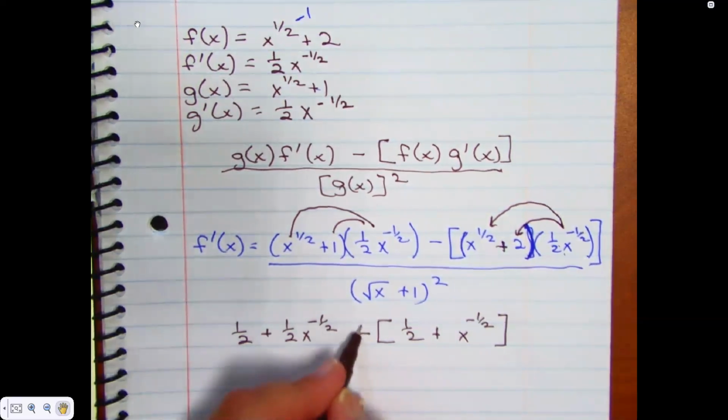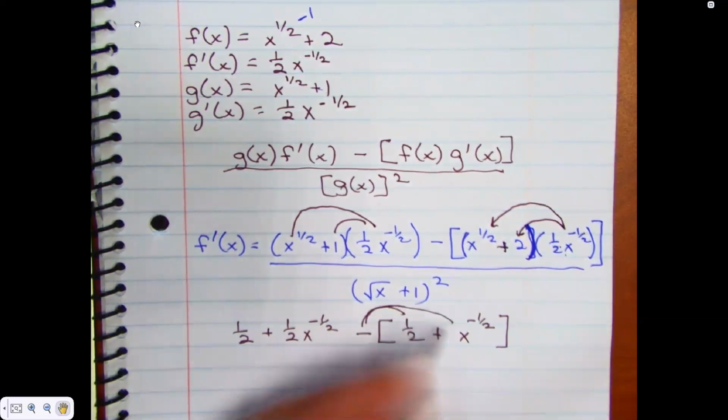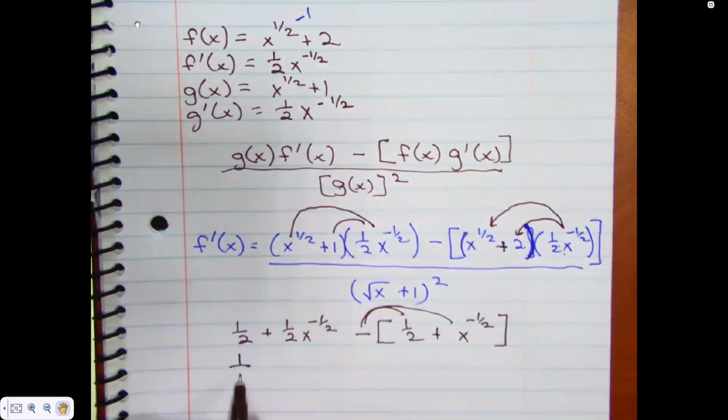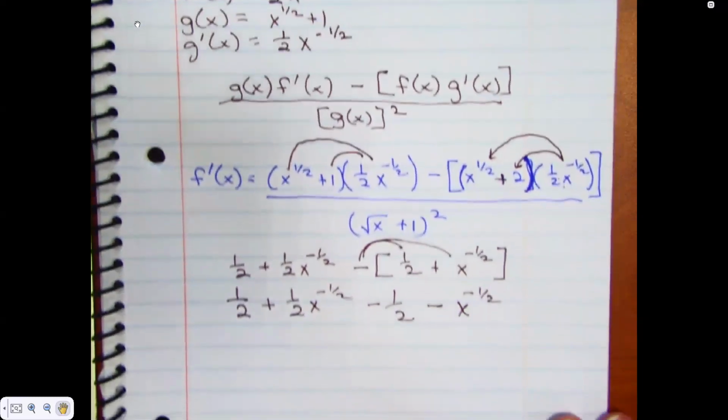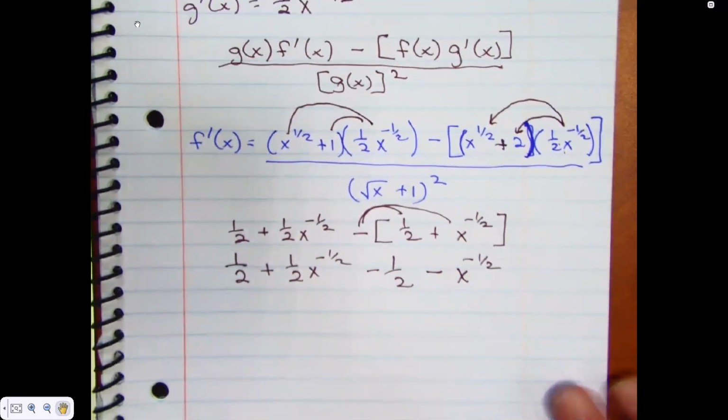Let's use those brackets. So make sure we distribute, make sure that I change every sign. Oh, this is kind of cool. So this should be a negative 1/2, and then make sure that this is a negative x to the negative 1. Now, should we bring it in?